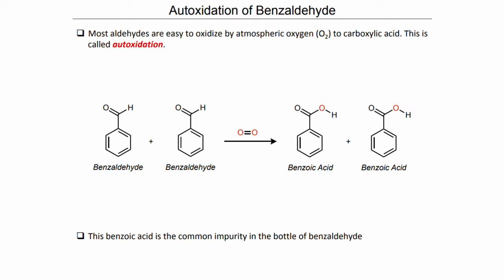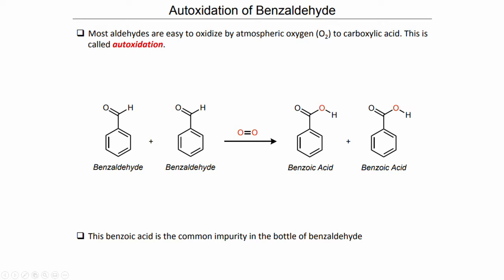What's very interesting about your very first experiment is we're not actually making a product that we're going to use. We're just trying to clean up our benzaldehyde so that we can use it. The reason is benzaldehyde can undergo autooxidation. This means that our benzaldehyde can easily be oxidized by atmospheric oxygen and form a carboxylic acid.